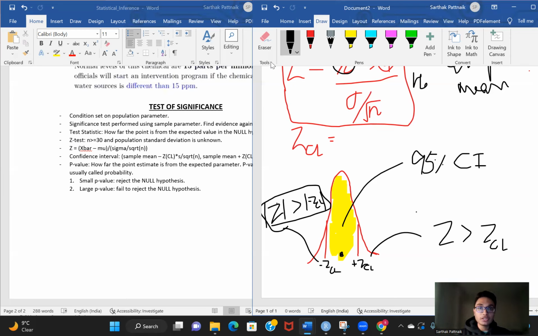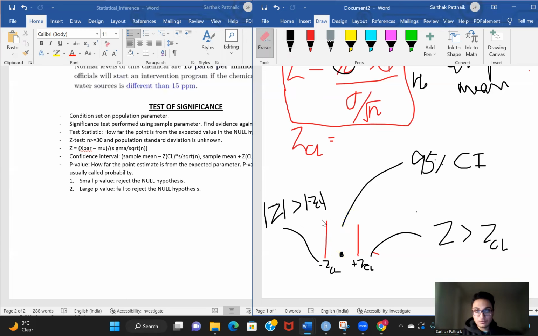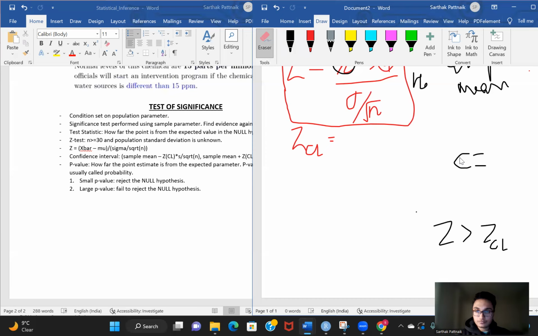But now we will move on to the concept of p-value, or the probability value. Now, p-value is calculated from the Z statistic.